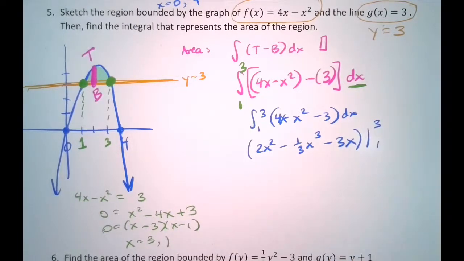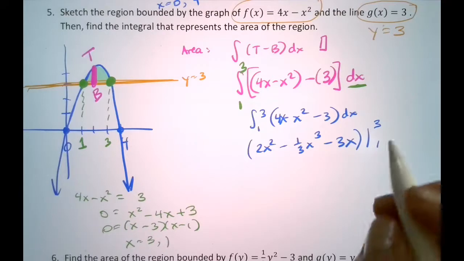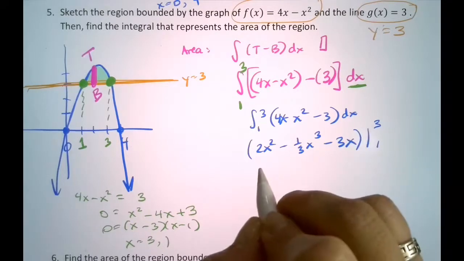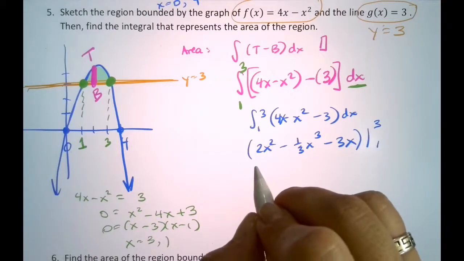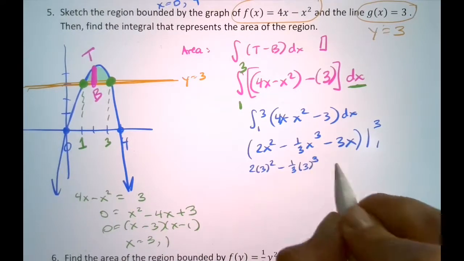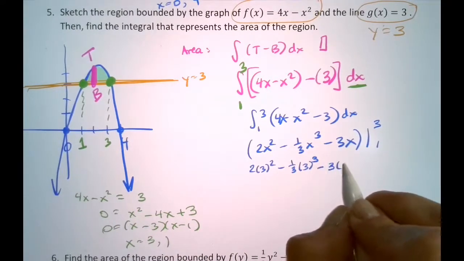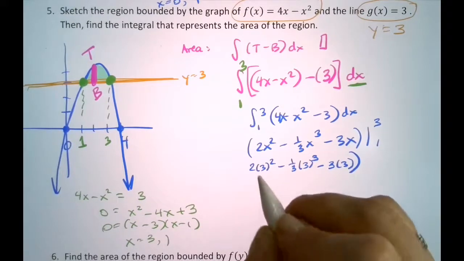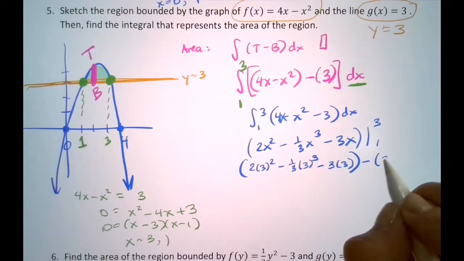I'm going to evaluate first at 3 and then at 1, and we'll get that nailed down. So if I plug in a 3, there's that. I plug in a 1.